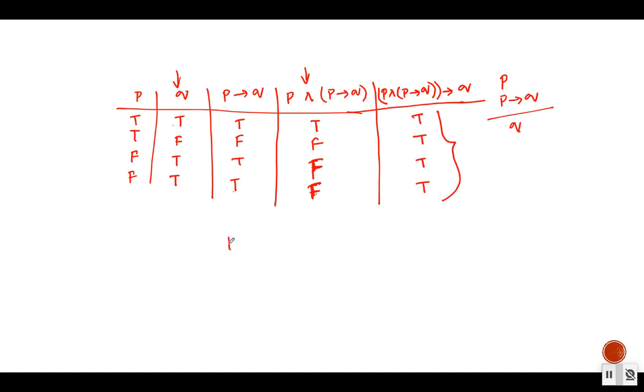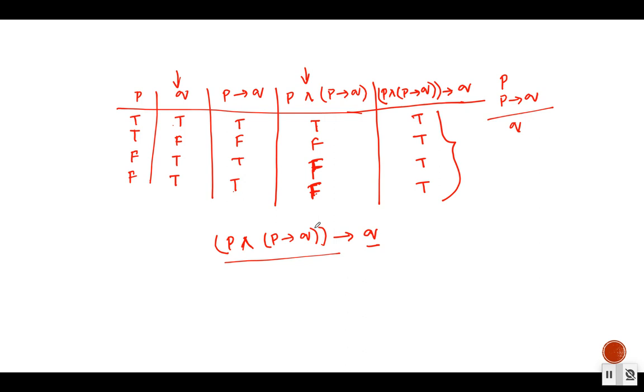What it means is this statement, P and P implies Q, implies Q. That means if P is true and P implies Q is true, that means Q will be always true. If this statement is true, that means the statement Q will be always true, and that's our conclusion. That's our AND statement of two hypotheses.